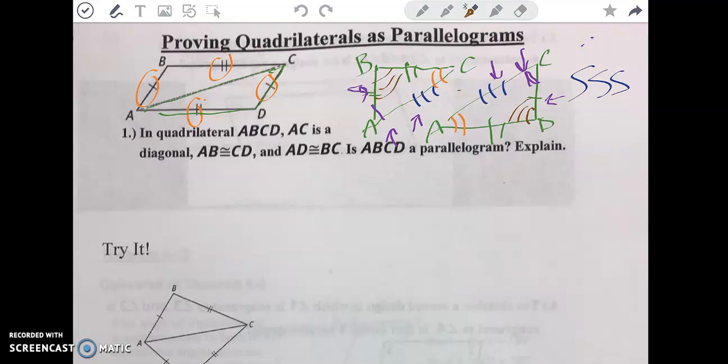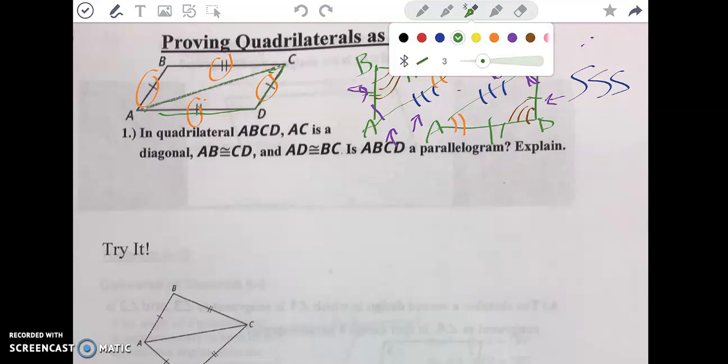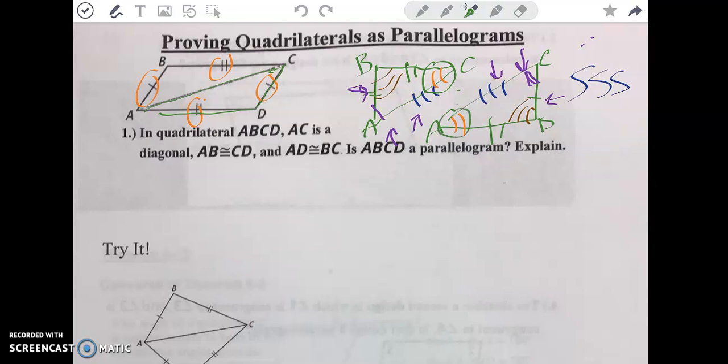Okay, since we have all those congruent parts, angle C and angle A being congruent is also alternate interiors. Same with the other pair of angles, also alternate interiors. If those are alternate interiors, then the lines have to be parallel.